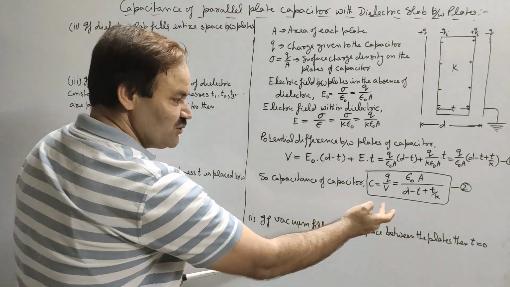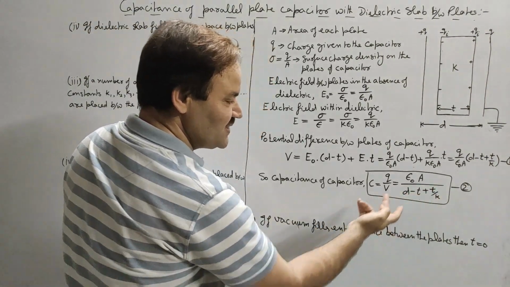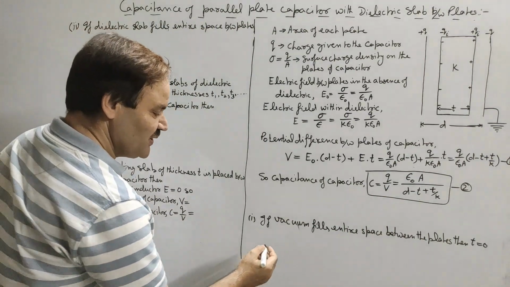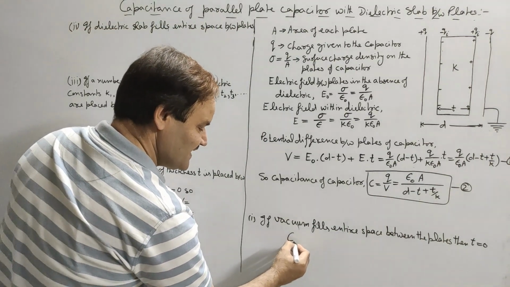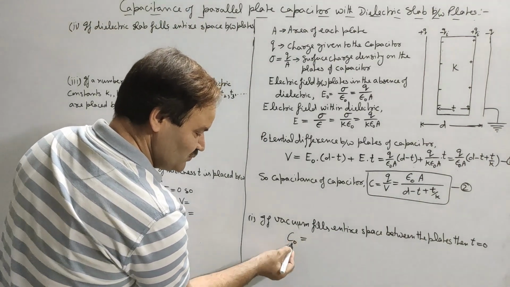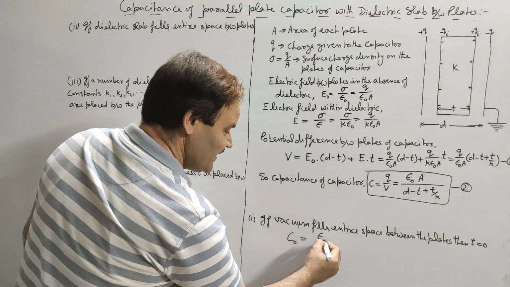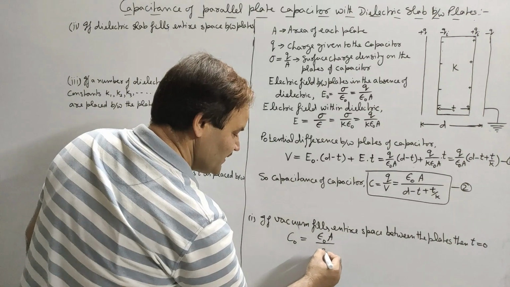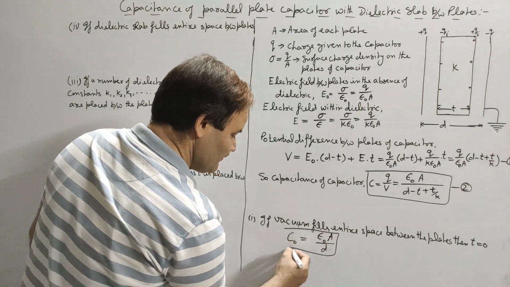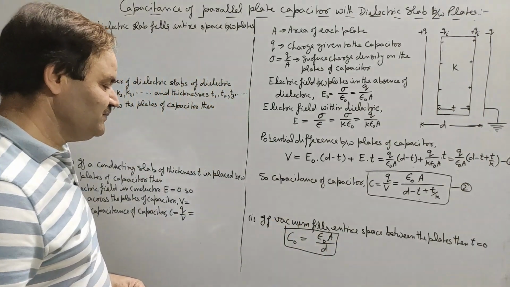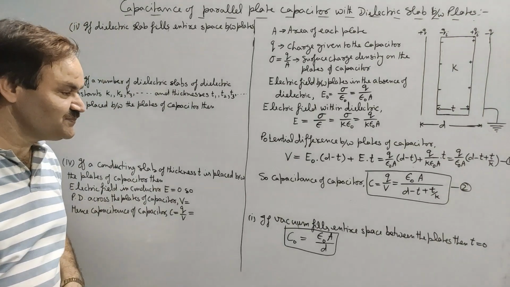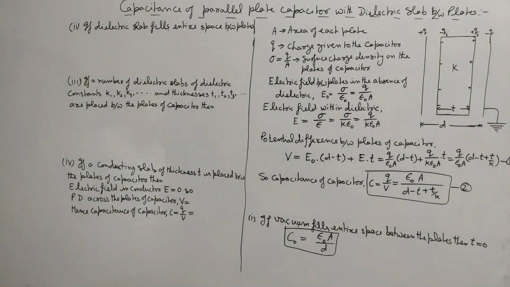So t being 0, these two terms will become 0, and we will get the capacitance C in the presence of vacuum. I am representing it by C naught, equal to epsilon naught A upon d. Already we had calculated this expression in previous videos. Now come to the second condition.